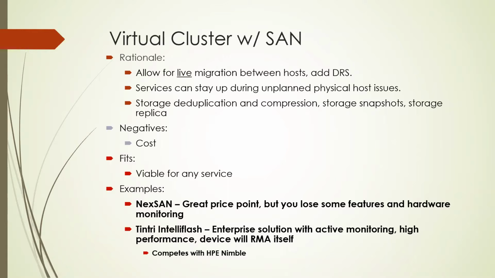If one host was overloaded by running out of RAM or CPU cycles, it will live migrate your virtual machines to the other one, to try to load balance your resources. Services will stay up during unplanned downtimes.